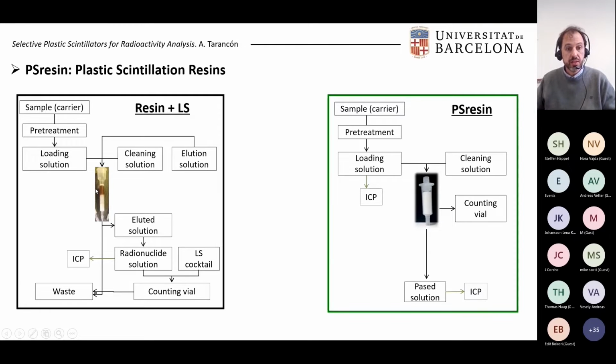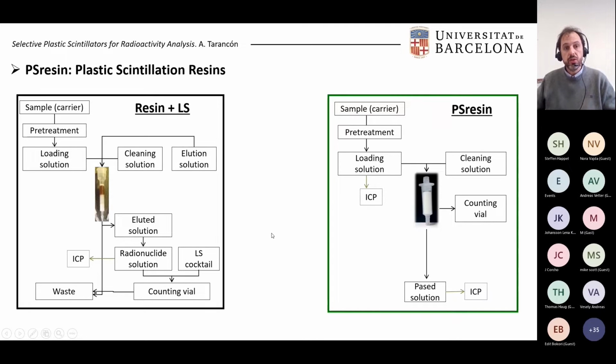So this is the typical scheme of separation with measurement by liquid scintillation or even alpha spectrometry. So you can avoid the elution step because you measure directly the radionuclide of interest retained in the column. This implies a reduction in reagent use and also a reduction in time, because you skip the elution and the preparation of the liquid scintillation vial or the alpha spectrometry source.